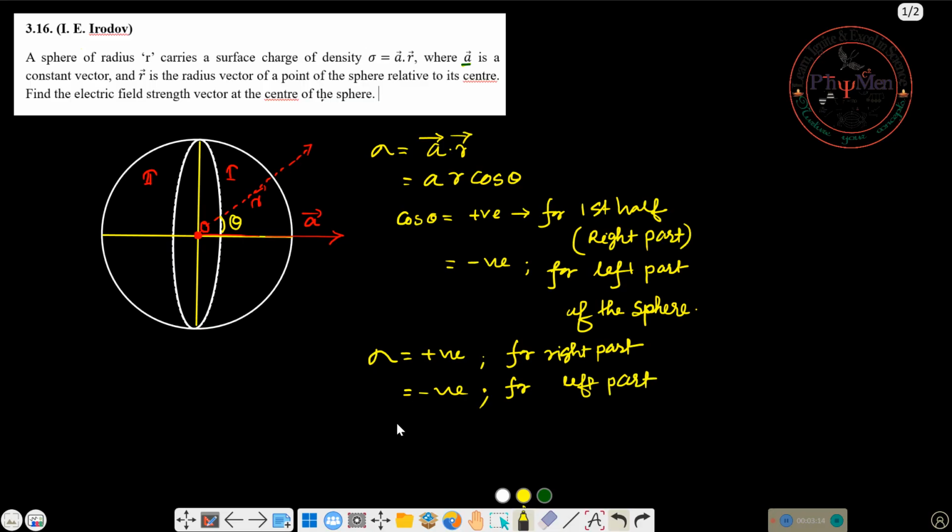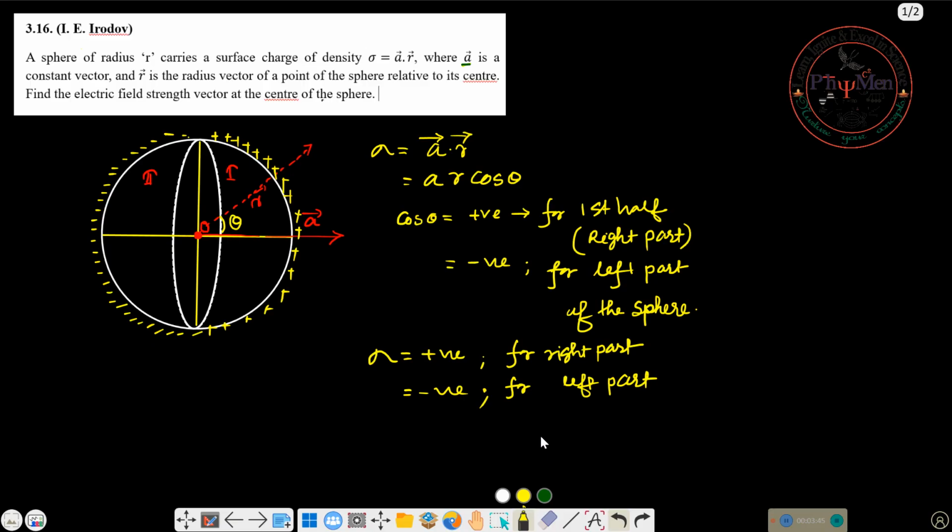So we will have positive charges over this part of the sphere. According to the given condition, this part of the sphere will have positive surface charge density and the left part will have negative surface charge density. So we can draw it like this.